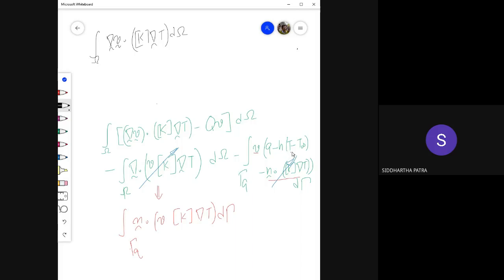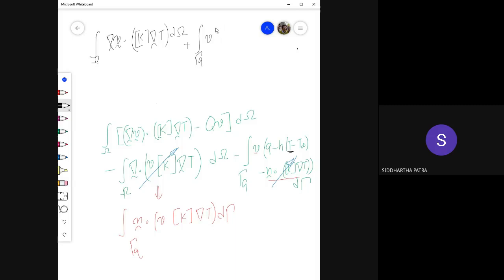Then I'm taking another term involving T from here, which is plus integration over gamma Q. You see, because convection is unique to thermal conduction, a unique type of boundary condition, this type of term we didn't see with structural analysis. And this term, because it involves T, will also contribute to the stiffness matrix.